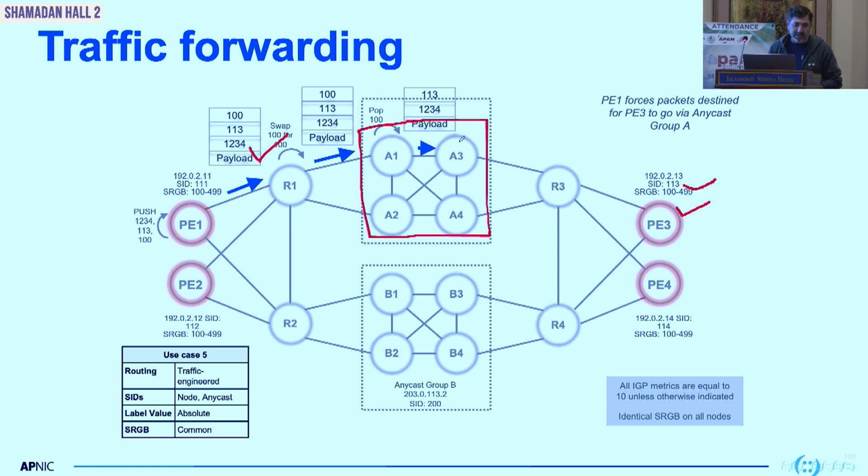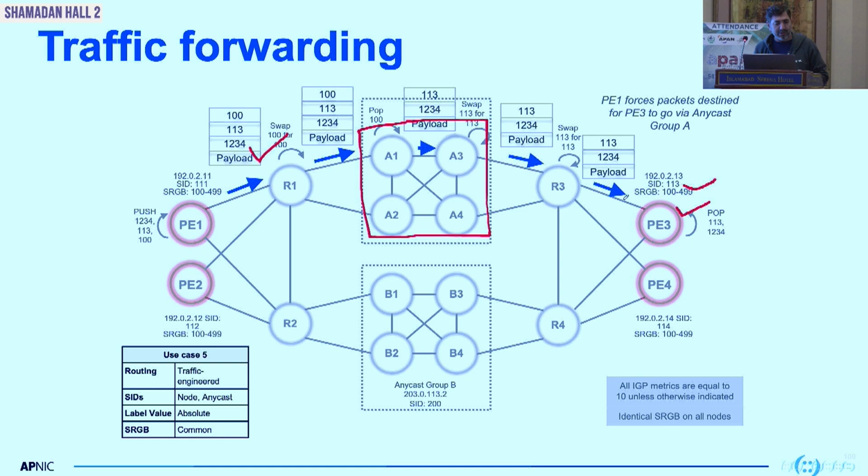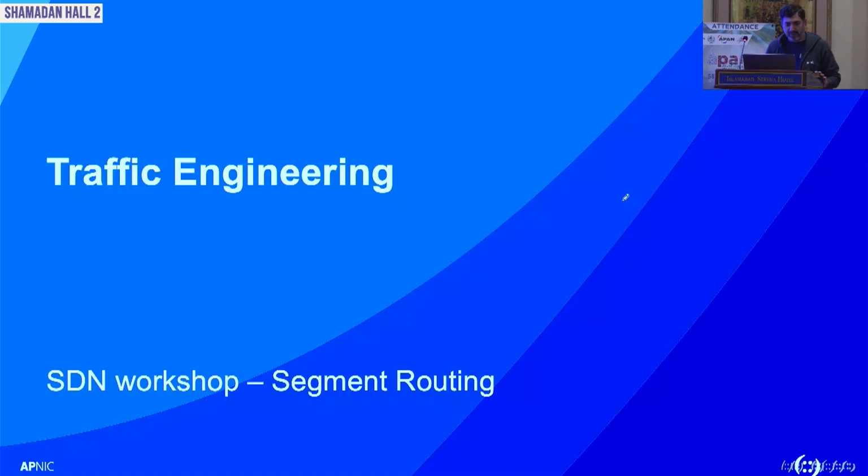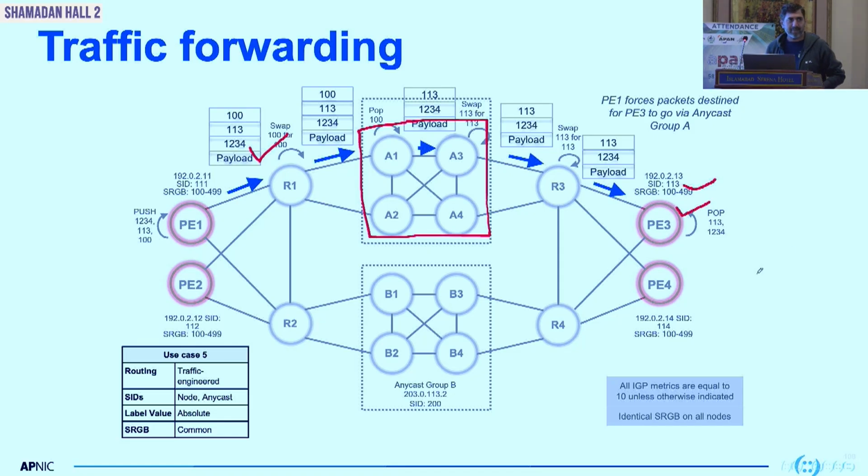Once A3 receives it, the top label is different from the local label, so it will just swap it and forward towards R3. Once R3 receives it, based on the shortest path, it will forward towards P3, swap, and then forward. Once P3 receives it, it will pop both labels and send the traffic towards the destination.